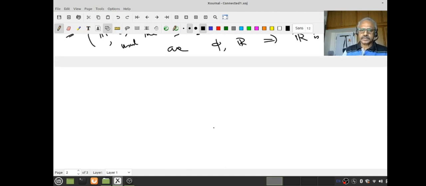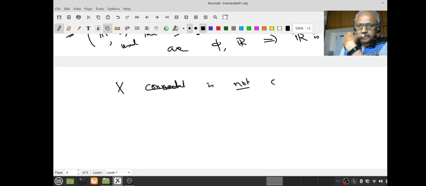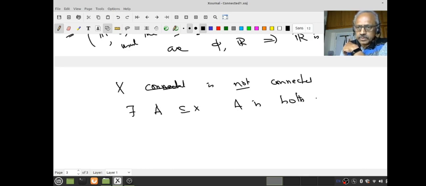Now let's go to the general case. Suppose X is not connected. What does that mean? That means there exists a subset A of X such that A is both open and closed, and A is not empty and A is not equal to X. Do you understand that?